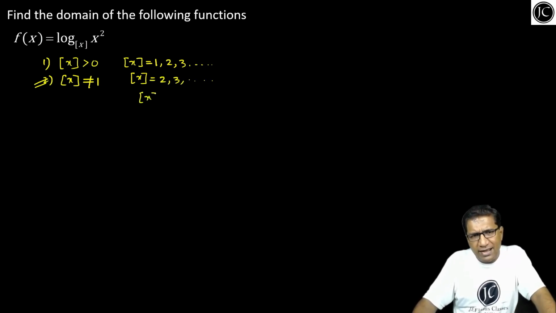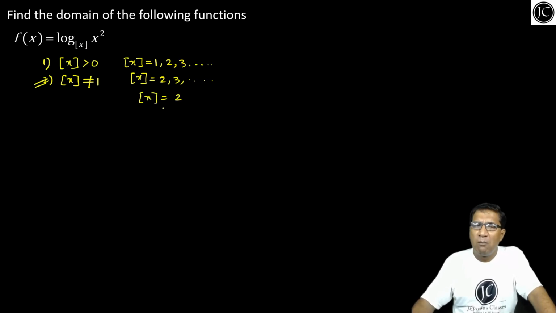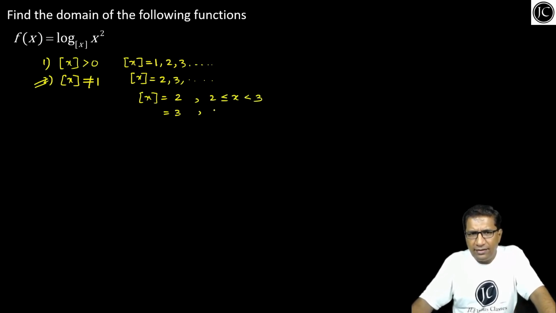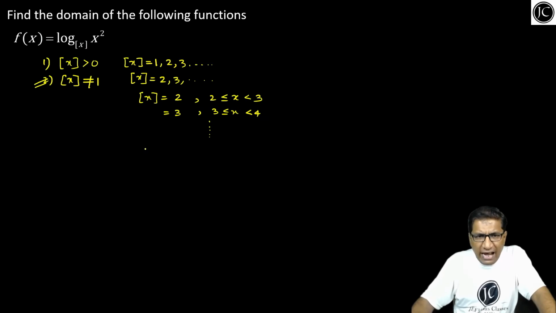Now when box x is 2, इसका मतलब क्या हुआ? Box x 2 मतलब x is lying between 2 and 3. Box x जब 3 है, then x is lying between 3 and 4 and so on so forth. Therefore, your x is always greater than equals to 2 to define this function.